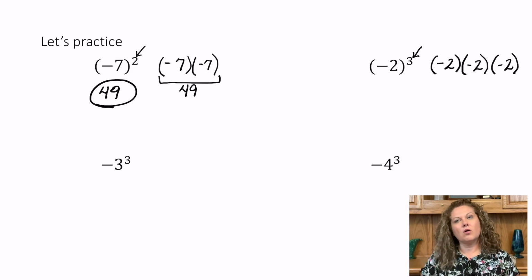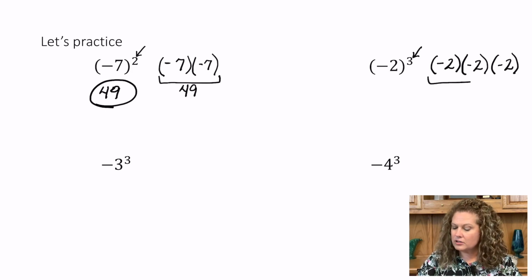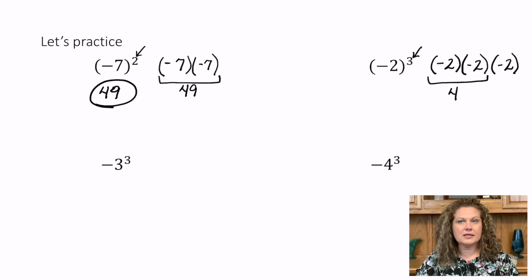Now, I'm going to go ahead and use my strategy of grouping my multiplication in groups of 2. It's much easier for me. So my first group of 2 factors, -2 times -2, negative and a negative make a positive, 2 times 2 makes 4. So now I'm going to bring down my third term.